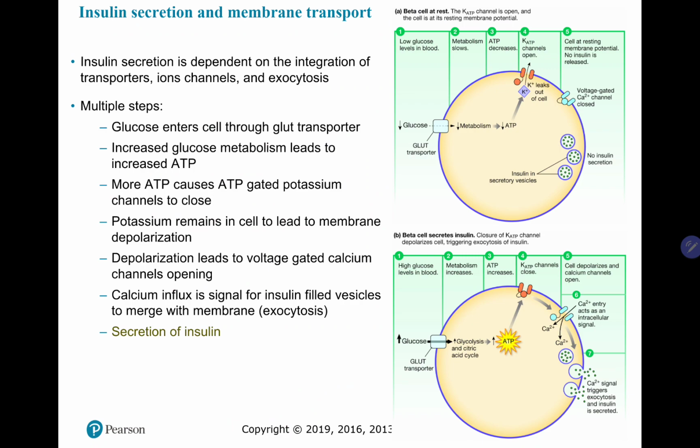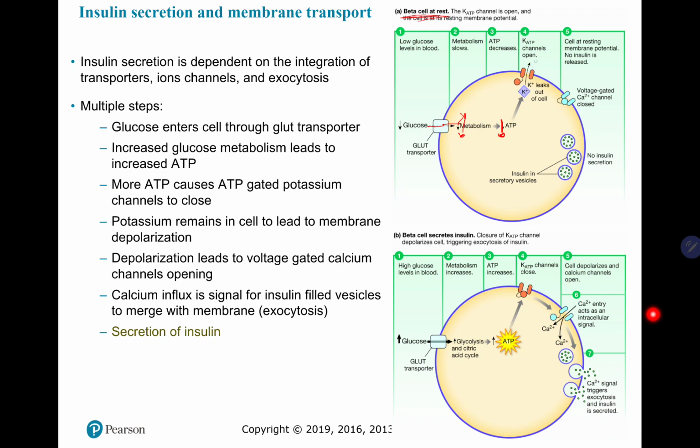I just wanted to bring this image back up, to show how insulin is secreted by the beta cells. Remember, insulin is secreted by the beta cells in response to high glucose levels in the blood. This is your beta cell that produces insulin. When there's low glucose, we have decreased metabolism, which means a decreased amount of ATP being produced.